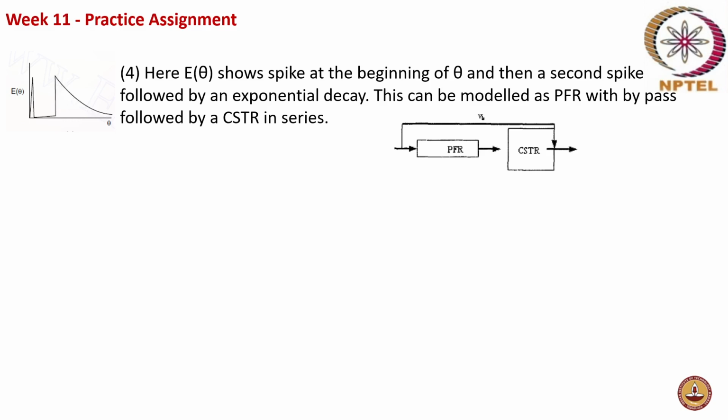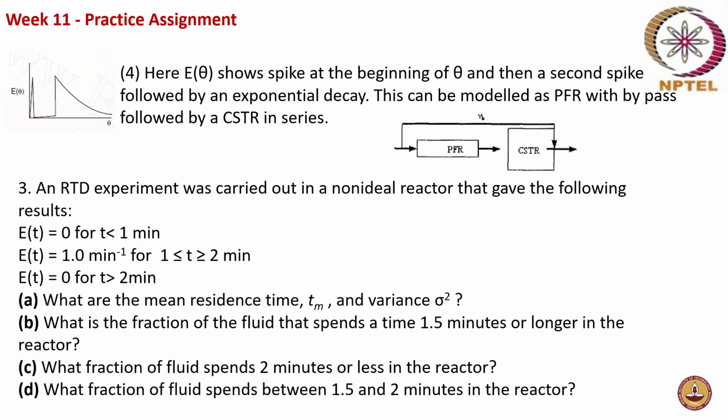The initial first spike corresponds to the bypassing, then the second spike corresponds to the PFR output, and from there the CSTR output comes into the picture with an exponential decay. So this can be modeled as a PFR followed by a CSTR, with some bypassing of the fluid before entering the PFR.